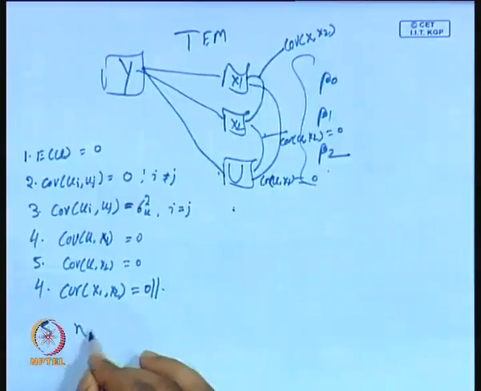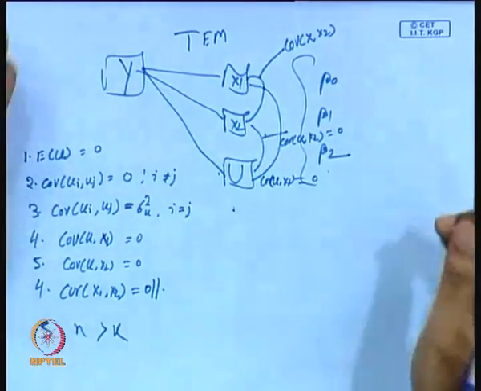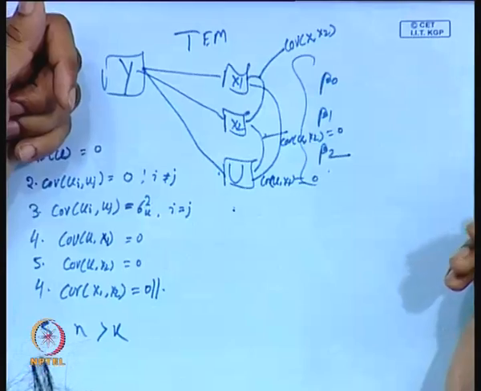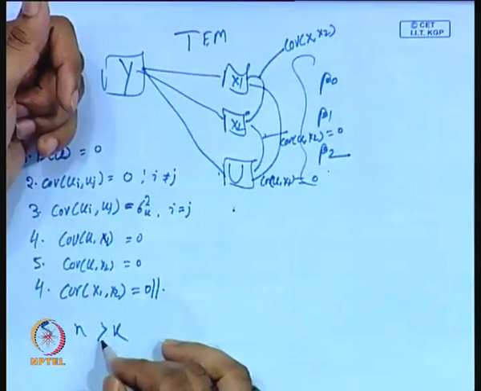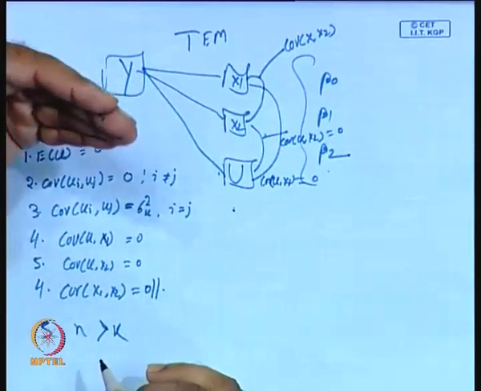When n stands for sample size and k for the number of variables in the system, the model can be fitted more consistently if n is substantially greater than k. It should not be equal to k; even if it is equal, there will be lots of problems. That is why I am not writing n greater than or equal to k. It is better to put n greater than k, and high in numbers.